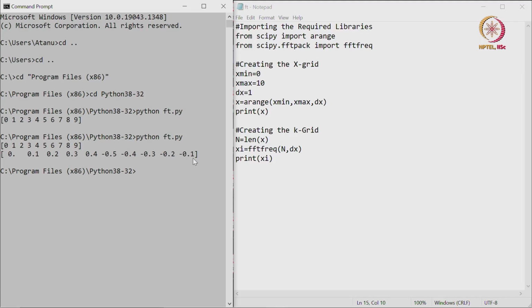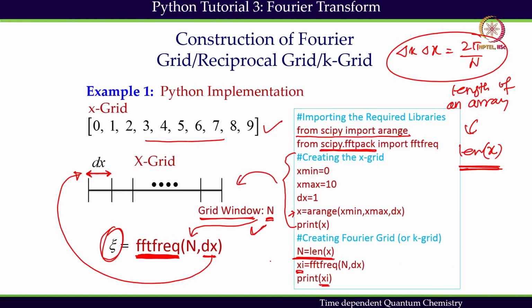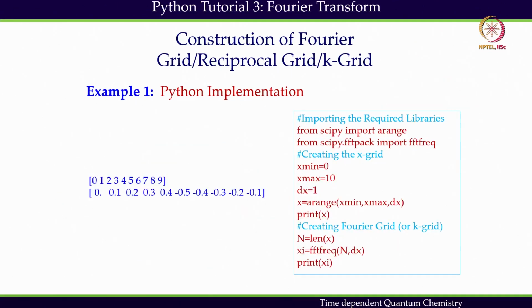We will go back to the slide now; that is exactly what we have calculated here. The frequency component xi is given by 0, plus 0.1, 0.2, 0.3 like this. Once we know xi, one can calculate the k points very easily. This is the x grid we have.